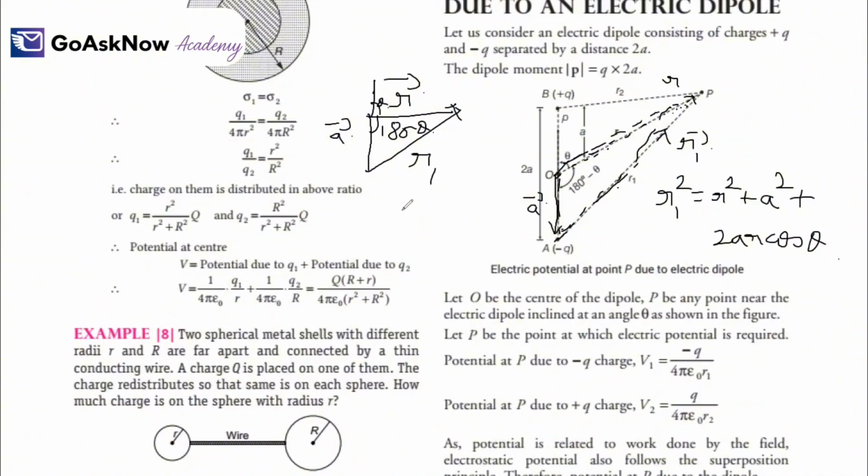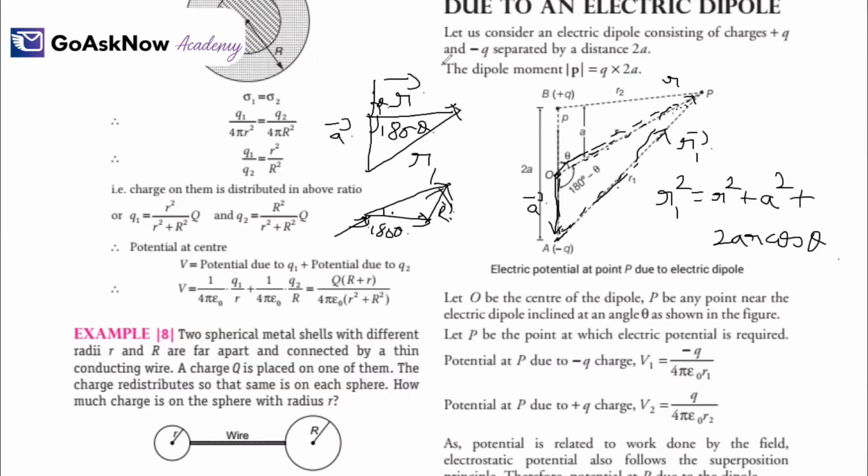If you have two vectors like this and this is the resultant, you should take the angle from here, like this one angle. So 180 minus theta is not the angle; the angle is theta here. I hope that you got this point.